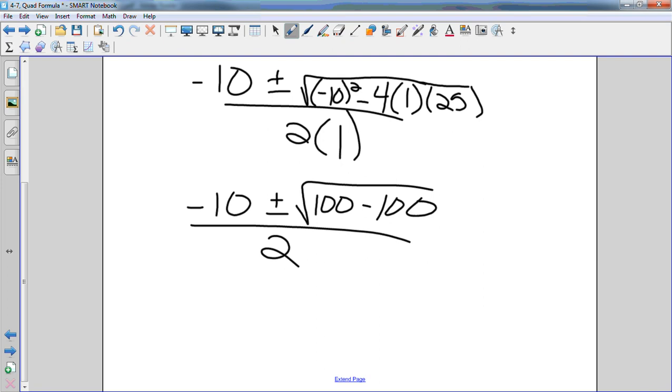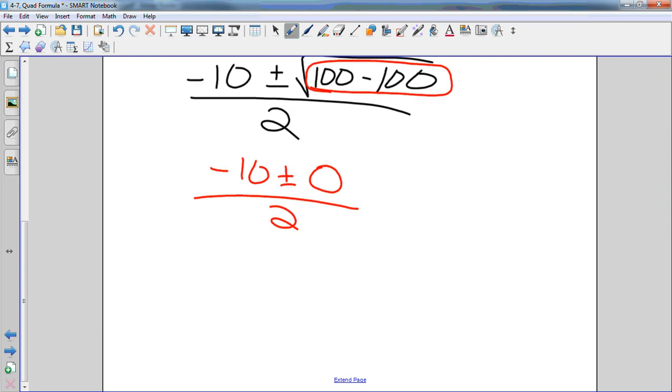Because look, what is my discriminant? My discriminant, 100 minus 100, is 0. So this is just going to zero out. So I have negative 10 plus or minus 0, which is just negative 10, over 2, which is negative 5. There's my 1 solution.